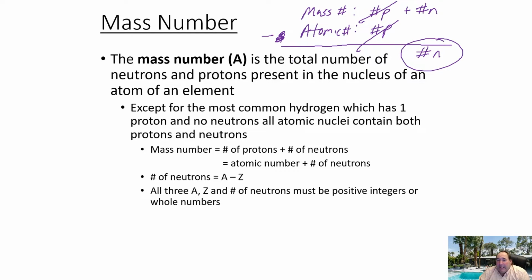As I mentioned a second ago, except for hydrogen, which only has a proton and an electron, all other elements will have protons, electrons, and neutrons. Now, there are a couple of really important things about the mass number that people very often, for lack of a better word, screw up on.